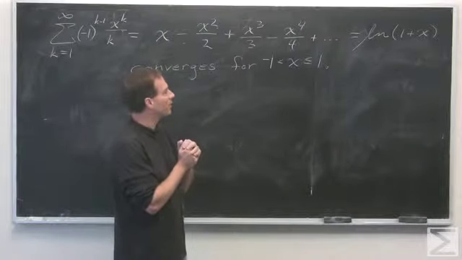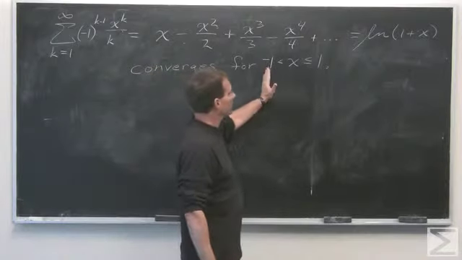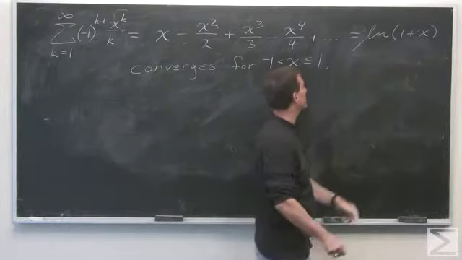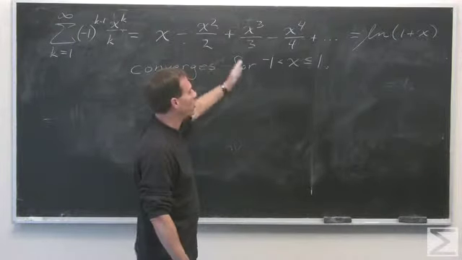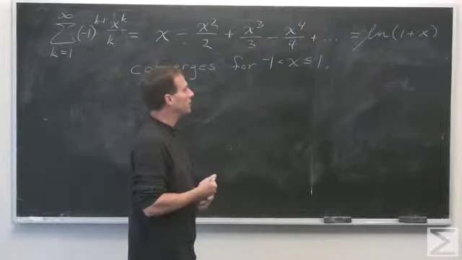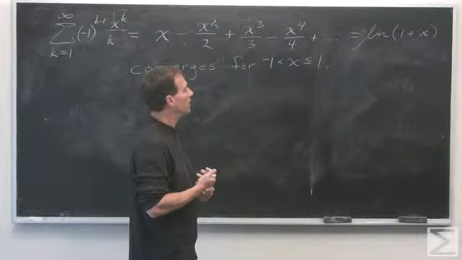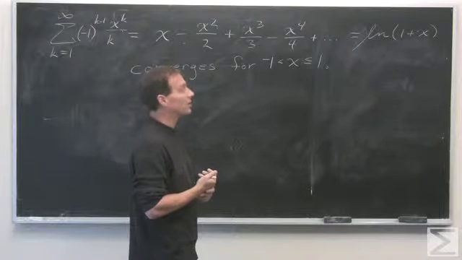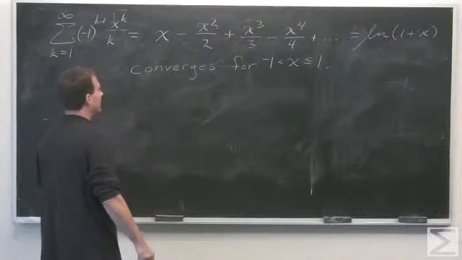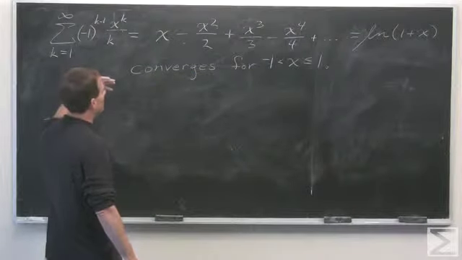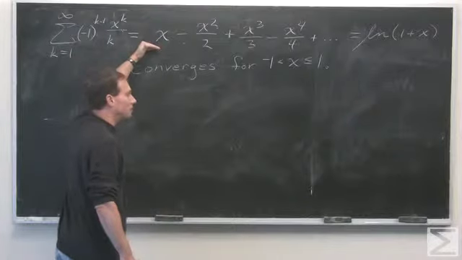You can't go any lower than minus 1 and have this make sense. And then there's the question of, could this equality be true when x is greater than 1? And what we said was no, but the question that I want to address right now is, well, it's conceivable.